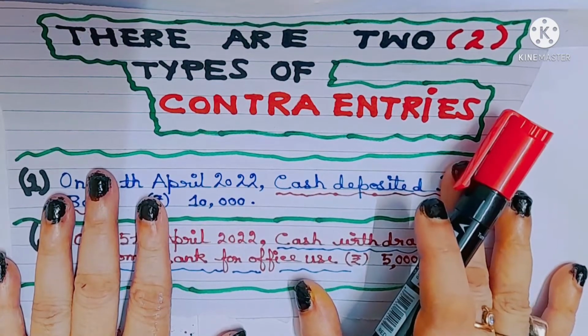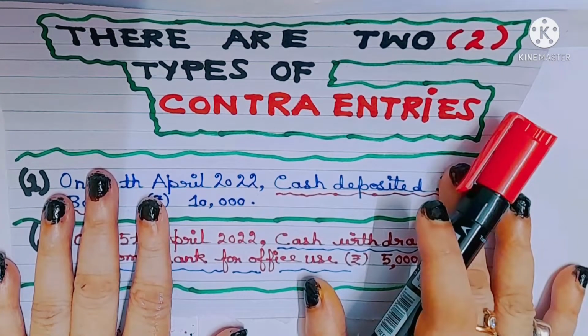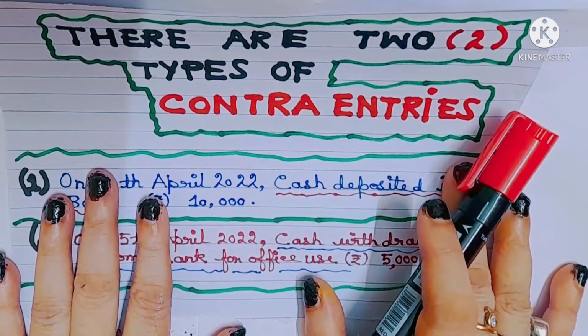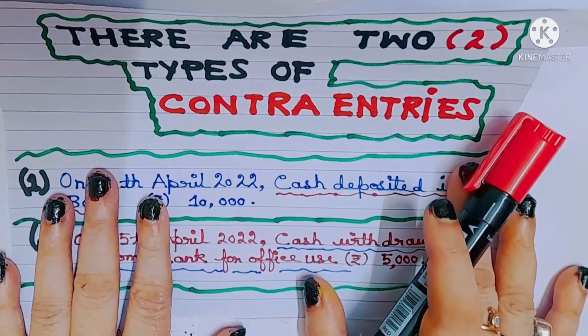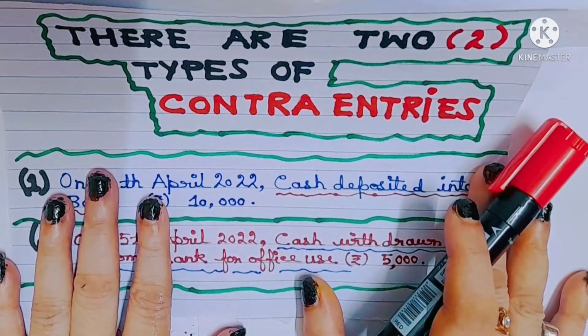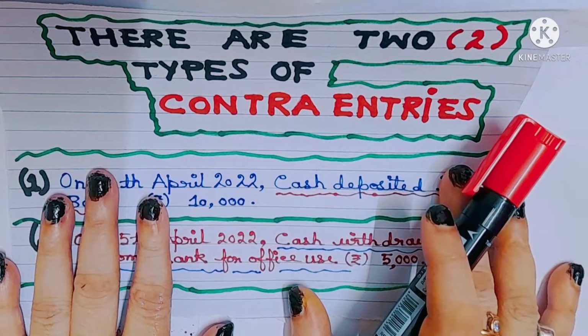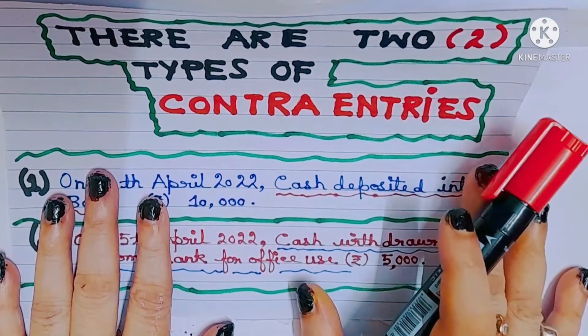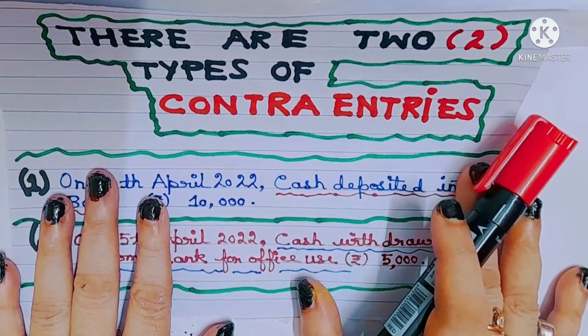So a contra entry is a transaction which involves both cash and bank. Contra entries also arise in a triple column cash book because, apart from the discount column, there are two columns, the cash column and the bank column.